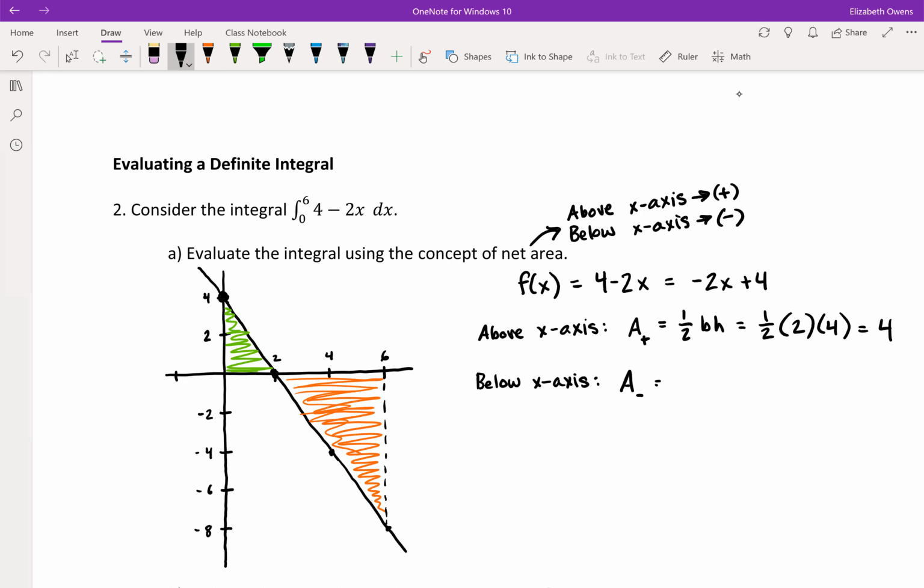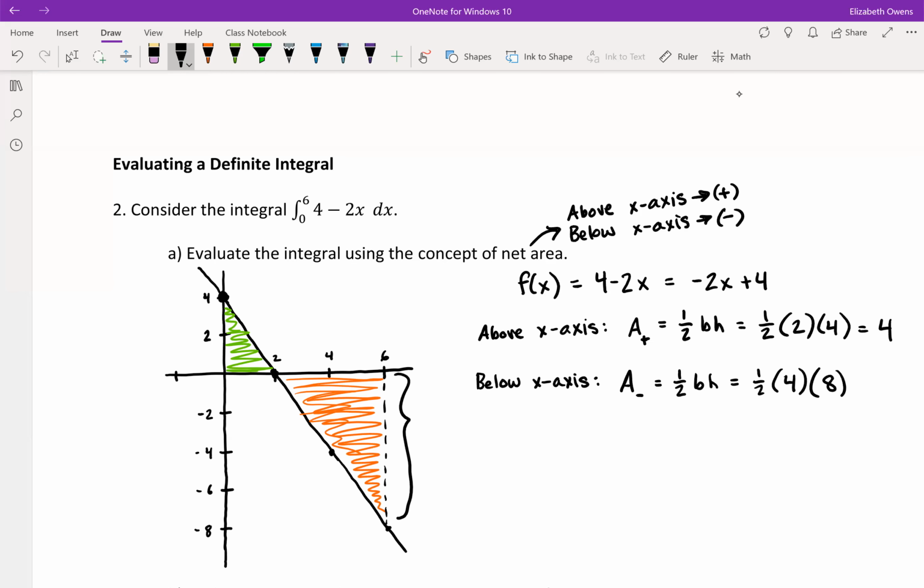That way I remember to count this as negative. And it's a triangle as well, 1/2 base times height. The base here, just looking at it in dimensions, it is 4 units. And the height, I'm going to just consider this a distance of 8 units.